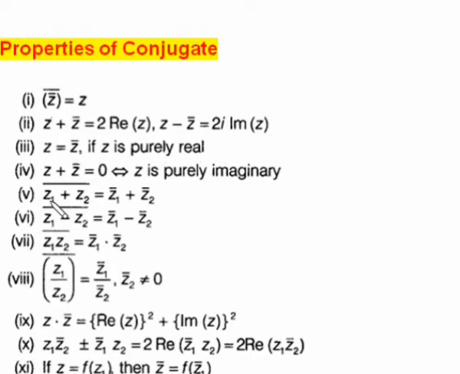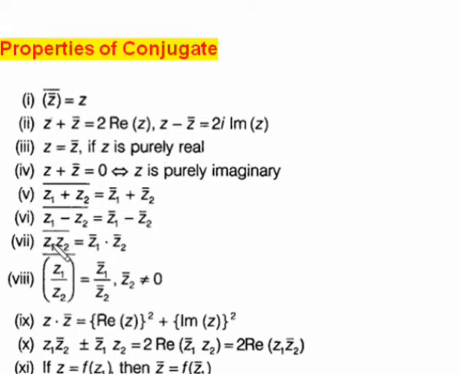The conjugate of the sum of two complex numbers is equal to the sum of the individual conjugates. The conjugate of the difference of two complex numbers is also equal to the difference of the individual conjugates.